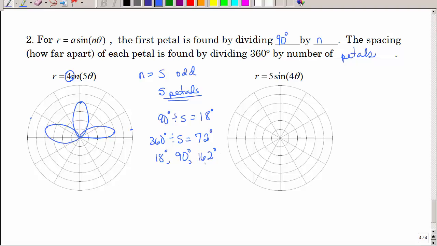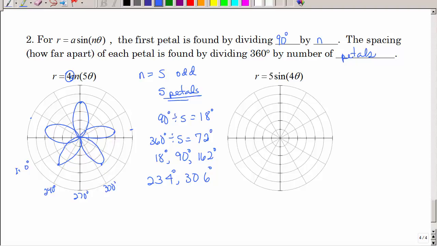Okay, add 72. So let's see, that's 210, that's 240, so kind of about right there. And add 72 again. So a little bit bigger than 300.